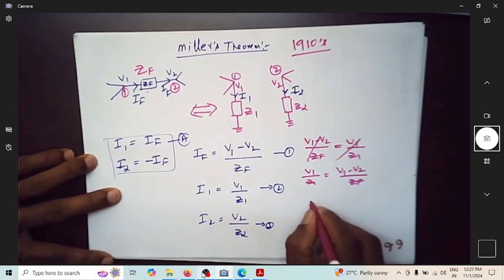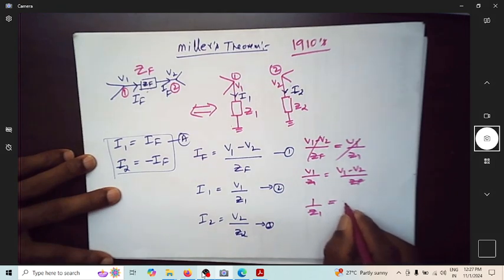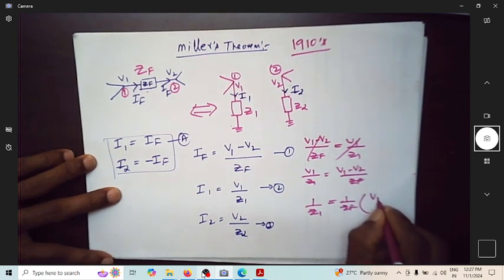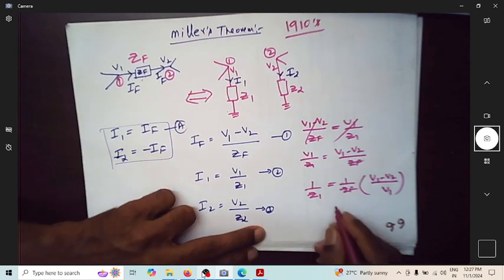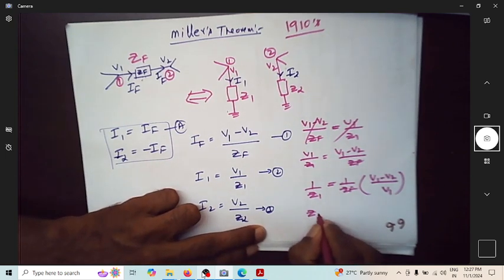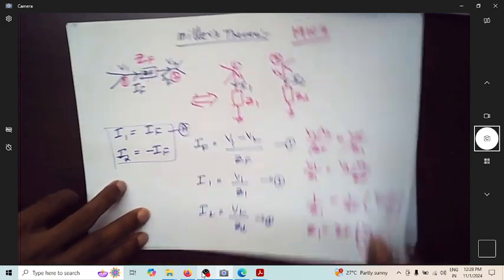Can I now write 1 over Z1 is equal to 1 over ZF into V1 minus V2 by V1? I will just reverse everything. So shall I now write Z1 is equal to ZF V1 by V1 minus V2? This I can easily write mathematically.